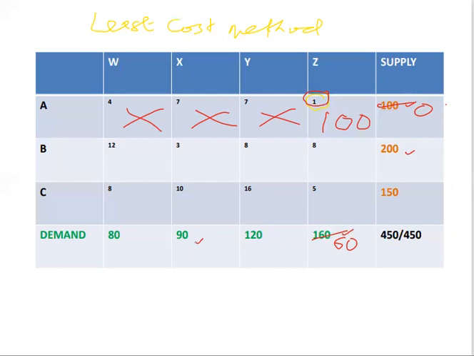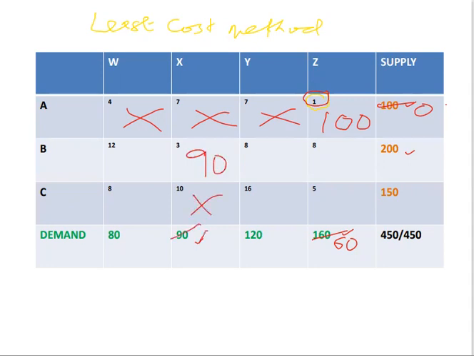Thank you. Now, what quantity are we going to give to this BX? Of 90 and 200, he gets 90.